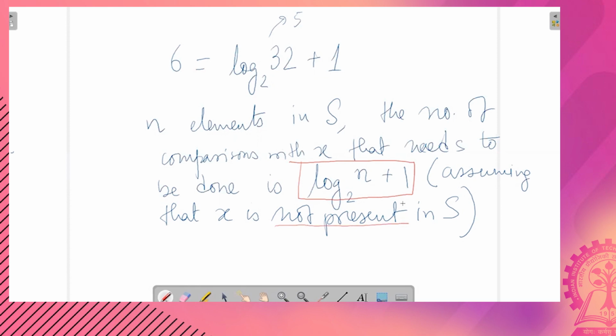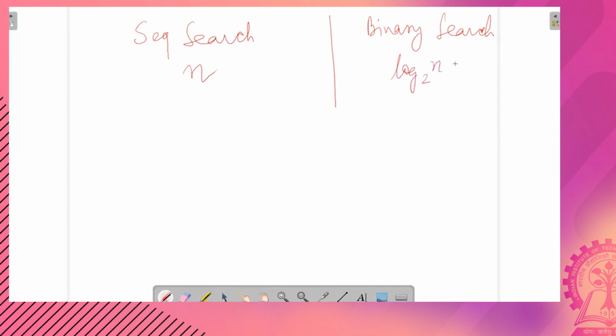So now you see, if you take the sequential search, no matter what the input condition, if x is not present in the set of elements to be searched from, then sequential search would take n comparisons, whereas a binary search would take log n plus 1 comparisons.